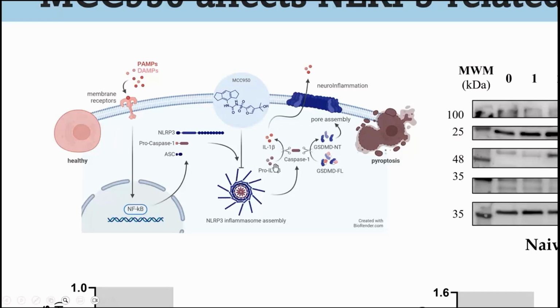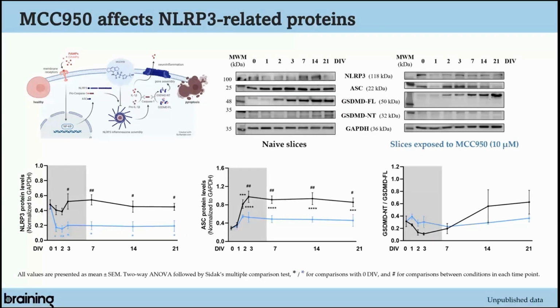On one hand, it cleaves the prodomain of IL-1 beta and IL-18, and on the other hand, it cleaves gasdermin D, a protein that belongs to a family of proteins with a high affinity to the membrane. When Caspase-1 cleaves gasdermin, the N-terminal piece goes to the cell membrane and creates pores.